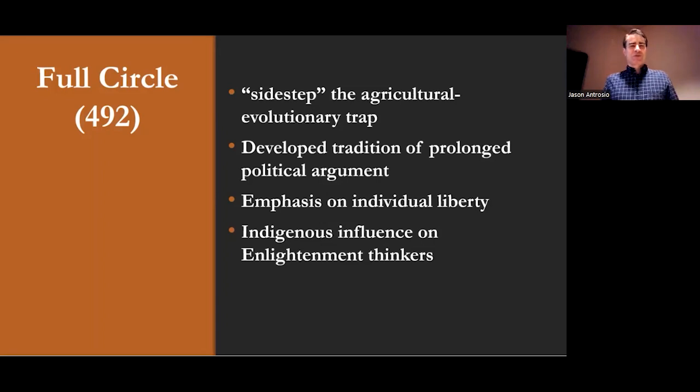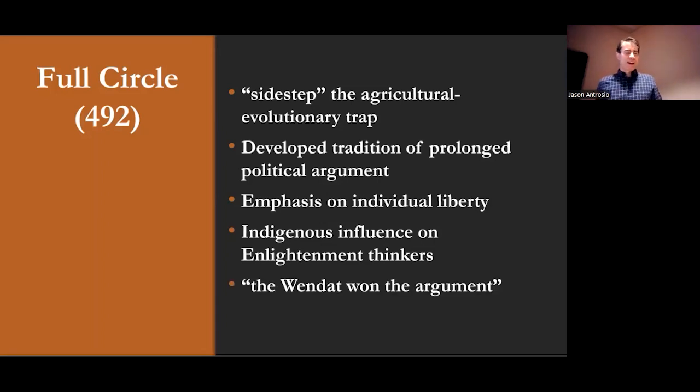And interestingly, Graeber and Wengrow end this chapter by saying the Wendat, the Indigenous Americans or anti-authoritarians, the people who were arguing for liberty, won the argument. It would be impossible for a European today, or anyone really, certainly true in the United States, whatever they actually thought, to take a position like that of the 17th century Jesuits and simply declare themselves opposed to the very principle of human freedom.